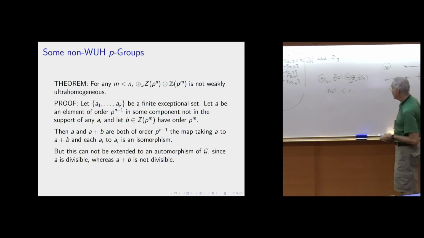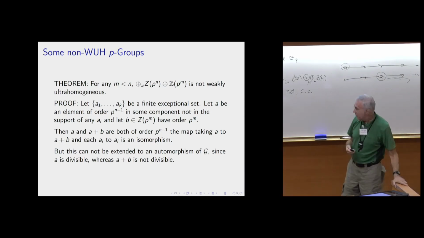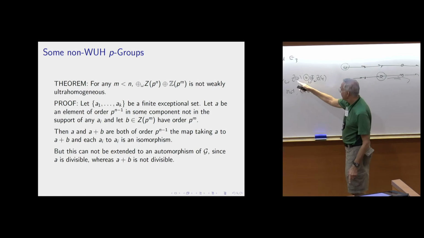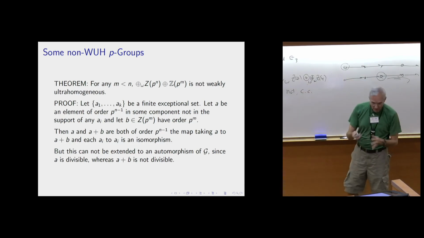This fails to be computably categorical. Of course, it fails to be ultrahomogeneous, but if you have infinitely many of one and finitely many of the other, that's going to be computably categorical, whichever way it goes.